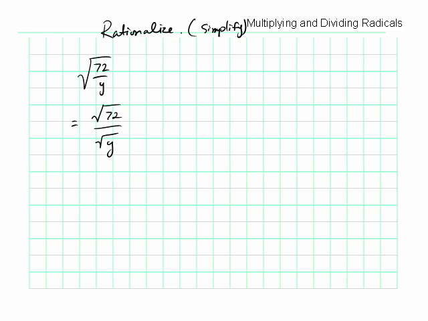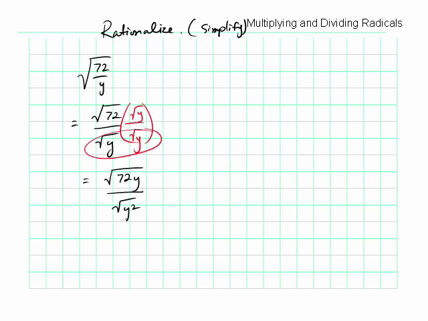I need to create a perfect square in the denominator, so what I need is to multiply by square root y over square root y. That'll give me the square root of 72y over the square root of y squared.